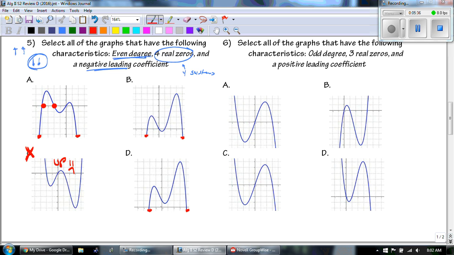So 1, 2, 3, 4. We can circle A. 1, 2, 3, 4. Yep, we can circle B. And then the last one, 1, 2. Oh, because this one's only got 2. We need 4 and 4.